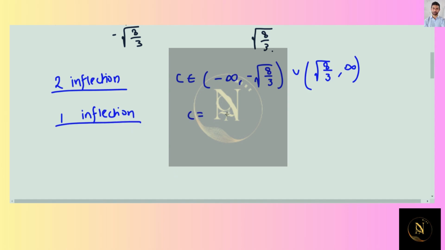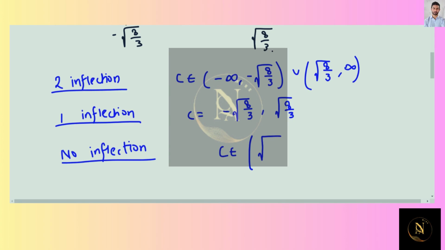So c is equal to negative root 8 over 3 and root 8 over 3. And for no inflection points, it means that the discriminant is negative, so that it has no solution. It means that the value of c is between negative root 8 over 3 and root 8 over 3.